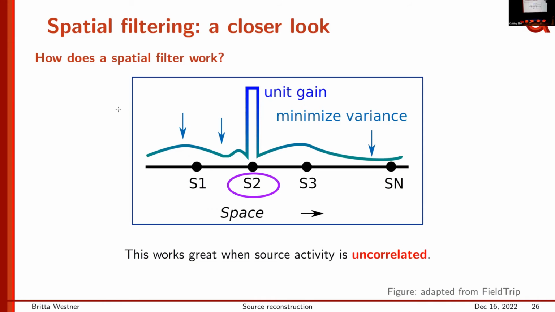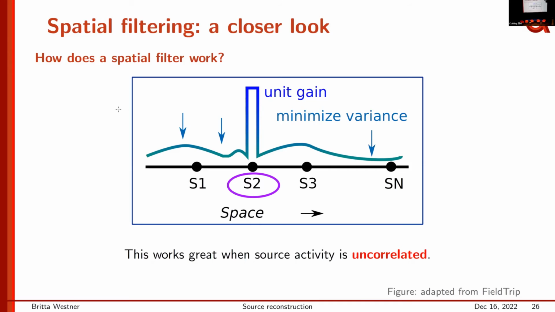And this works great if the source activity is uncorrelated. If you have correlated activity, so let's say this source had exactly the same activity as this source, you might imagine that you now run into trouble because, as I said, what you see on sensor space is a linear mixing of different sources, right? We don't have them disentangled yet. And now the algorithm tries at the same time to pass the activity that is originated from here with unit gain, but minimize this one.